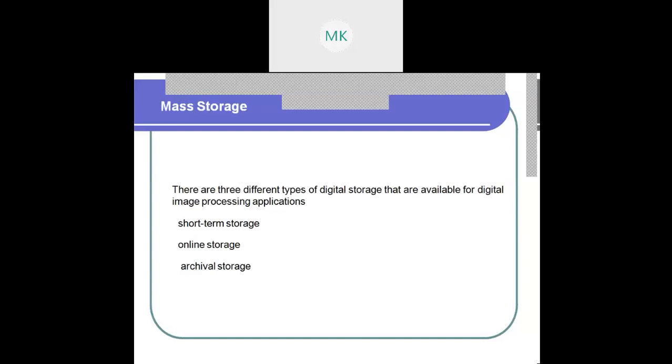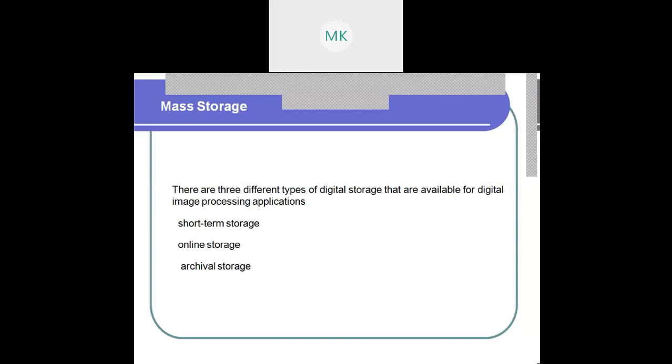So next is mass storage. We need mass storage in order to store the digital image. There are three types of digital storage available for digital image processing applications. First is short-term storage, second is online storage, and third is archival storage.